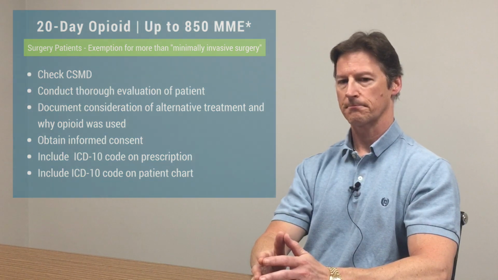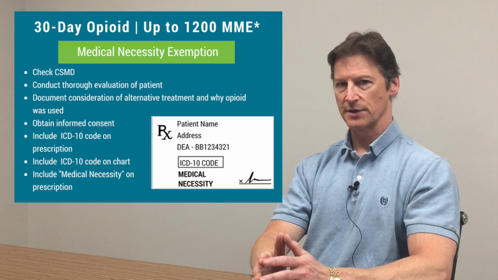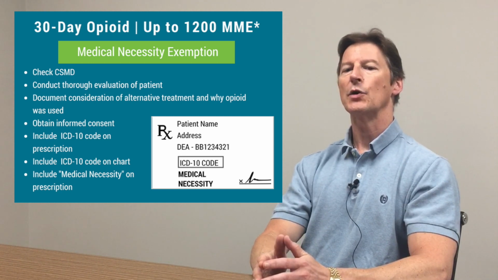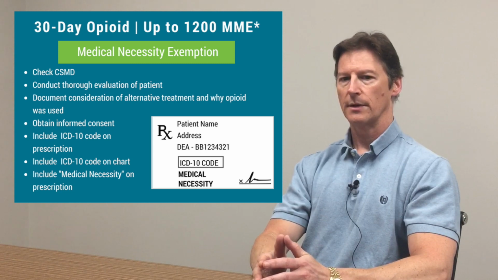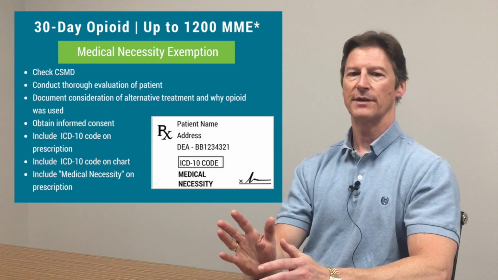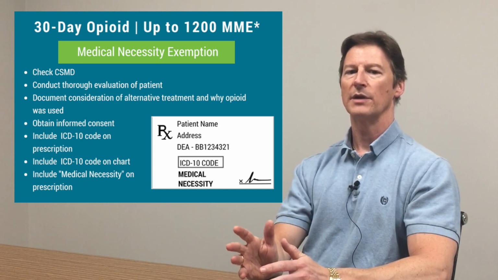Best practices would be to write surgery on the prescription so the pharmacist knows he or she is filling a legal prescription. In rare cases, a medical necessity exception is available, whereby a prescriber may prescribe up to a 30-day supply of opioids. The prescriber must meet and document the same 6 prerequisites as the 10-day supply and minimally invasive procedures plus 2 more.